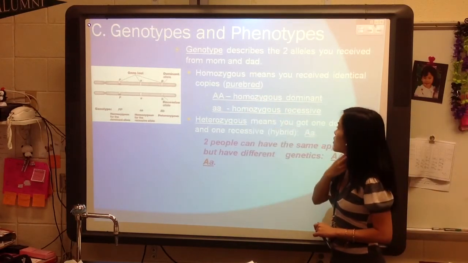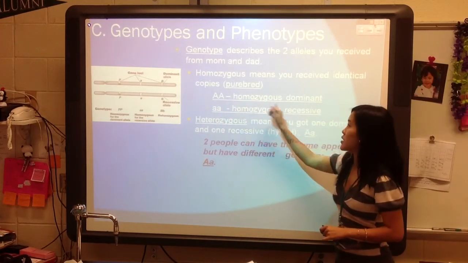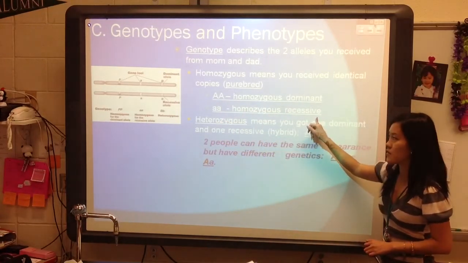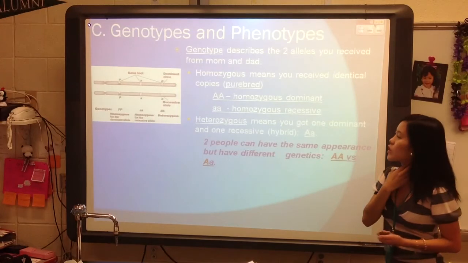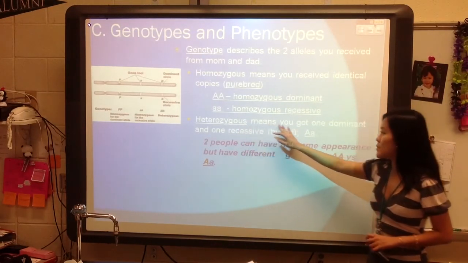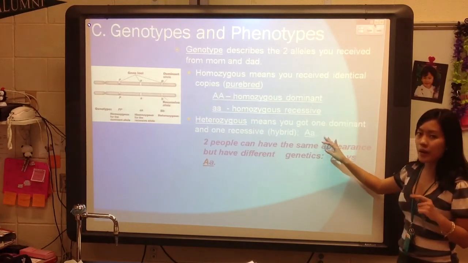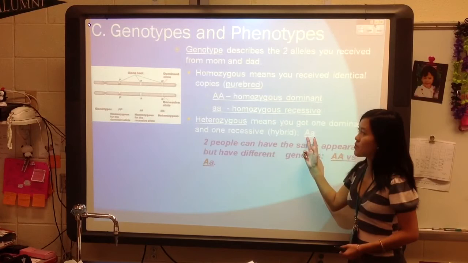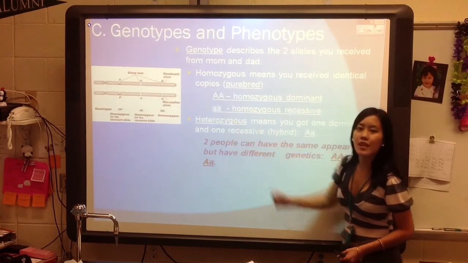So for example, big A, homologous dominant; little a, homologous recessive. Again, we'll talk about what this means a little more in class and give more examples then. If you're heterozygous, this means you got one dominant and one recessive allele.